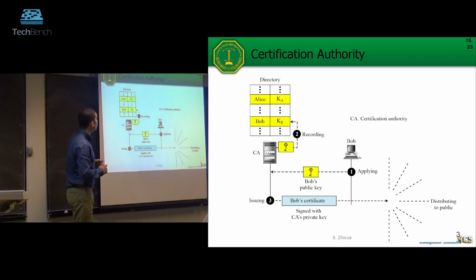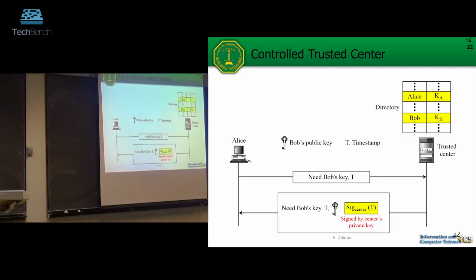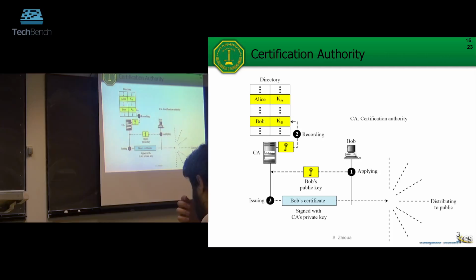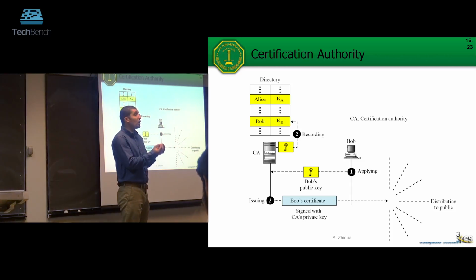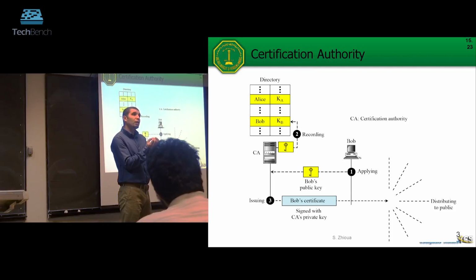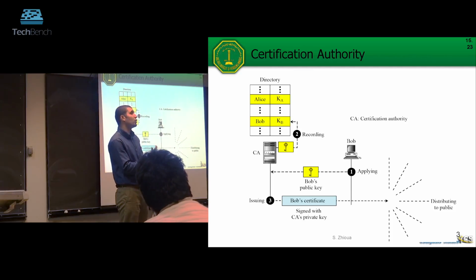We're going to use certificates, because in the previous scenario there was no certificate, just the public key, signed by the trusted center. That's it. But here we need a certification authority, and we're going to use certificates, which are evidence that the public key is authentic, is genuine.